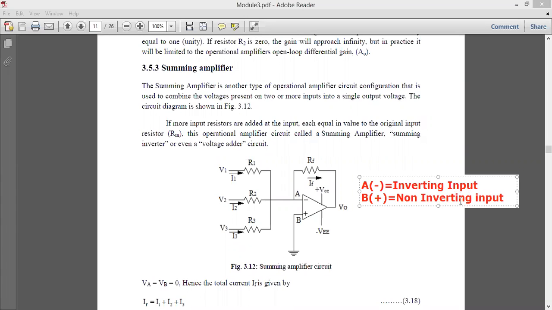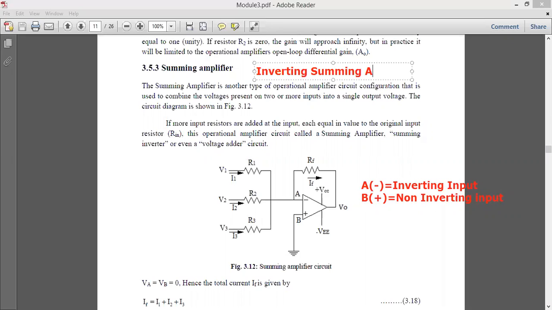So in the summing amplifier, basically we have two types of concepts for discussion. One is the inverting summing amplifier, and the second is the non-inverting summing amplifier.